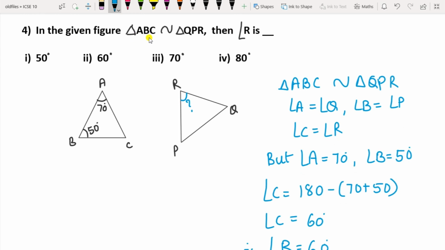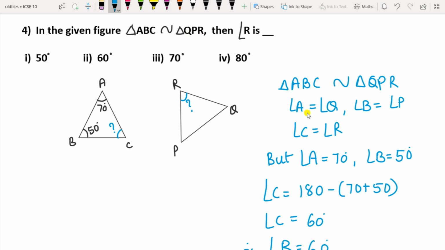In the given figure, triangle ABC is similar to triangle QPR, then angle R is. So this is the given triangle ABC whose angle A is 70 and angle B is 50, and this is the triangle PQR whose angle R you have to find. Now for this triangle you know the two angles, so find the third one, that is C. But ABC is similar to QPR.